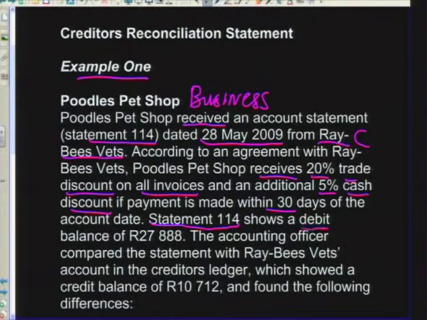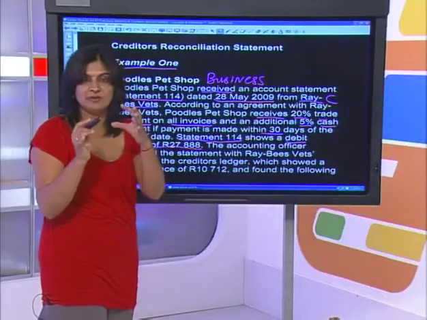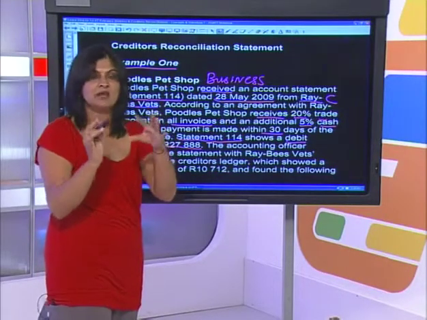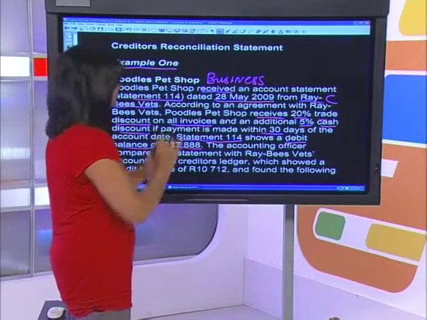Shows a debit balance of 27,888 Rand. So according to this statement that comes from the creditor, we are owing 27,888 Rand. Guys, when I say we, remember, I'm talking about the business. We are the accountants for Poodle Pet Shop.